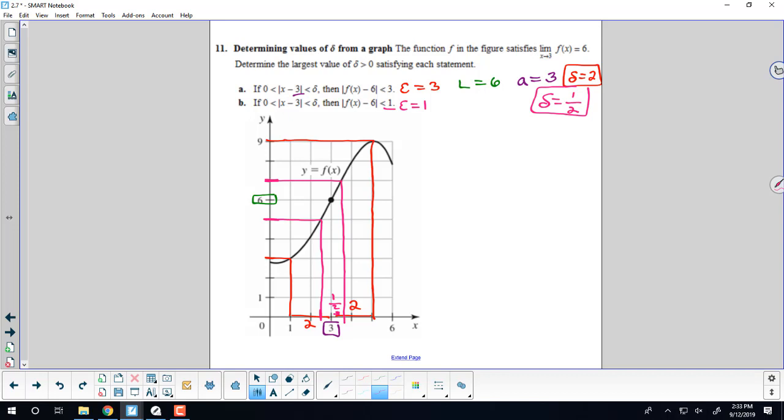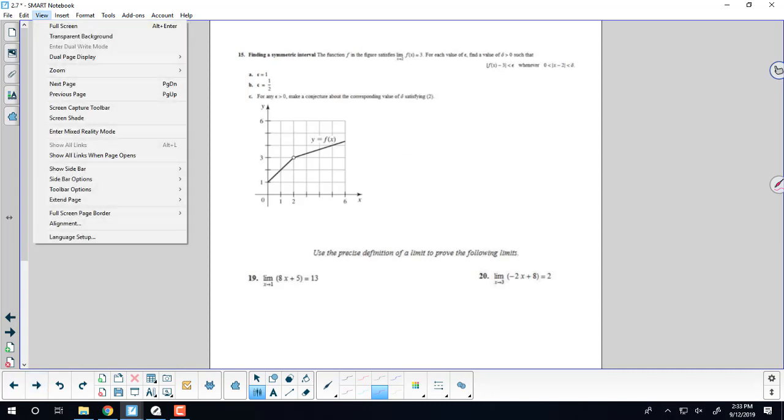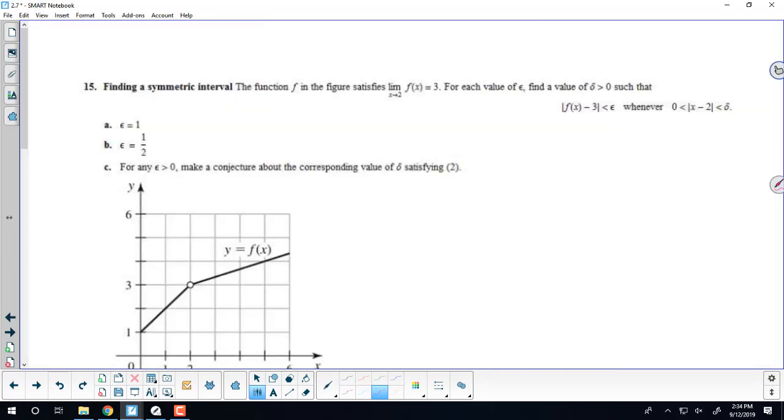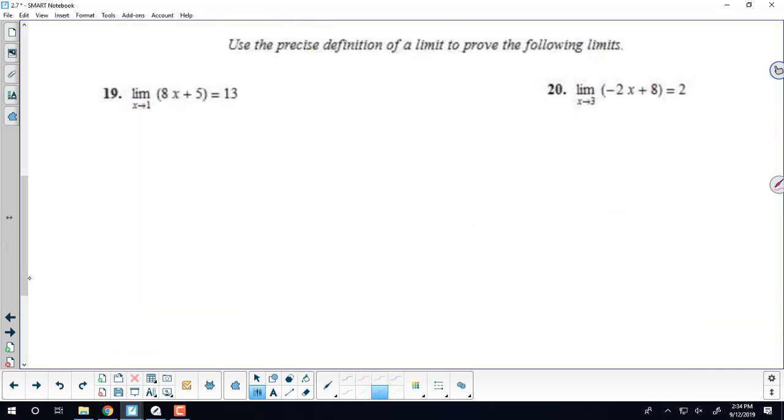All right, I want to run through this last example, just to show you how to use that without a graph.